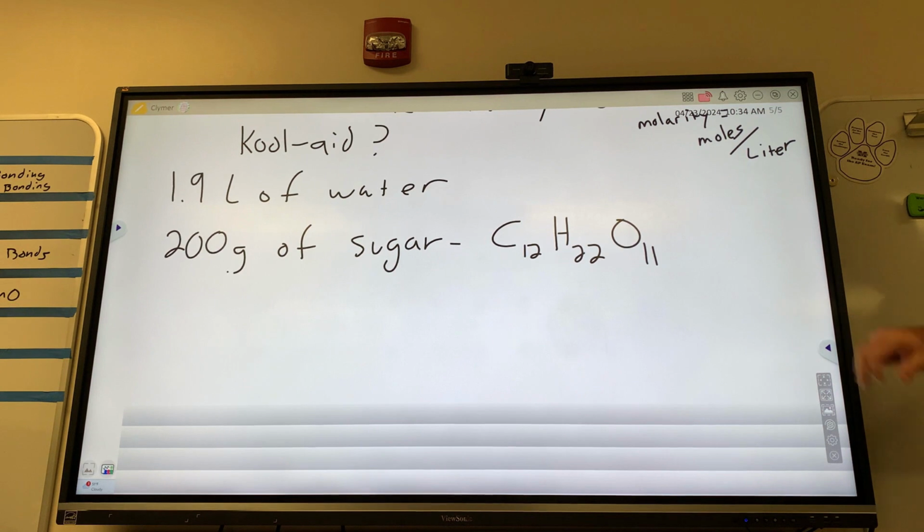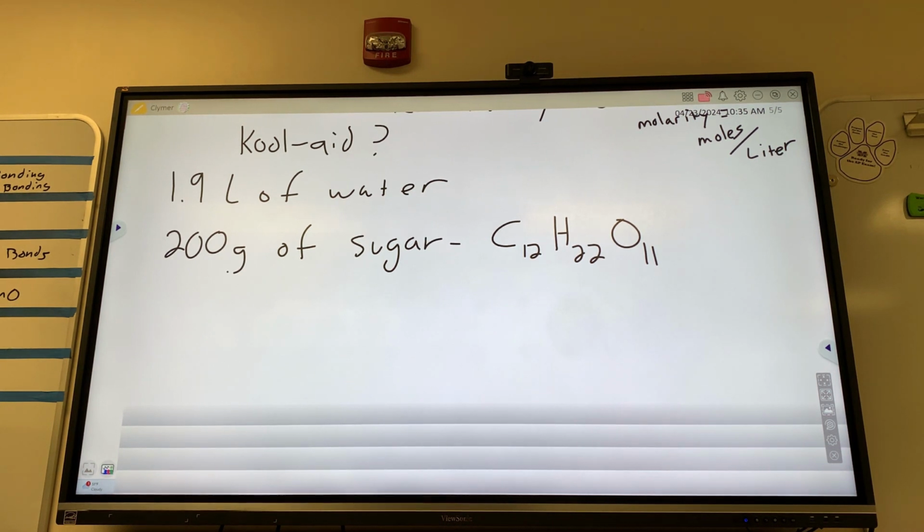You have in your toolkit the tools to be able to calculate this. You need moles and you need volume, which is liters. So you have liters already there. How would we calculate the moles of 200 grams of sugar? Yes?